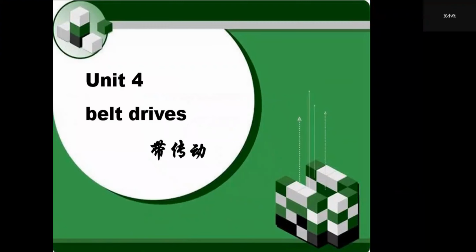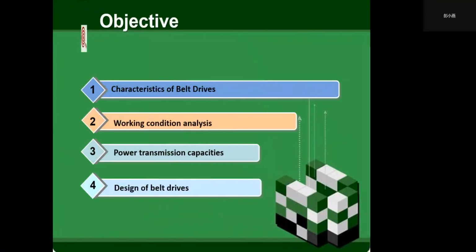Mechanical drives are usually used to transmit power and motion from one rotational element to another, including belt drives, chain drives, gear drives, and so on. In this chapter, we'll discuss in detail the features as well as analysis and design of belt drives.